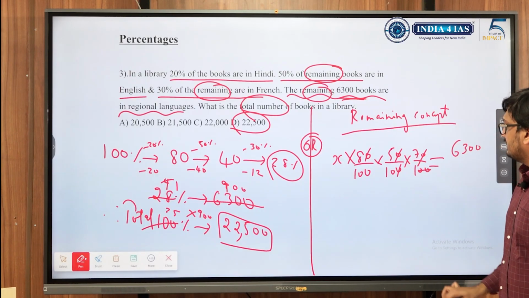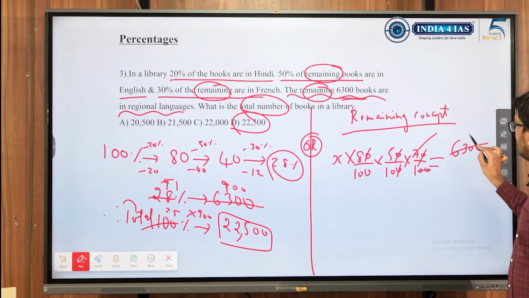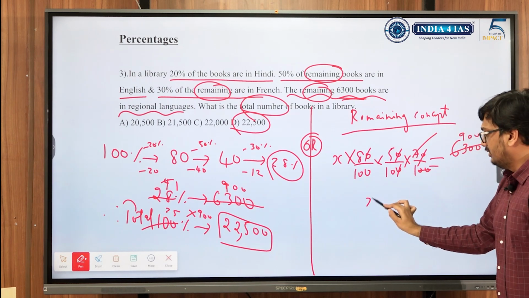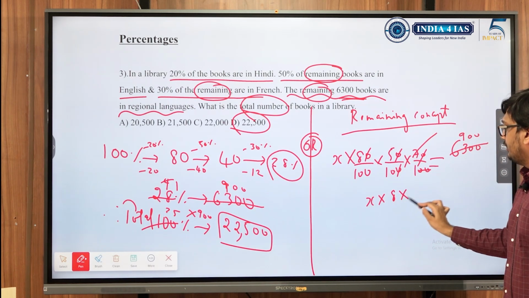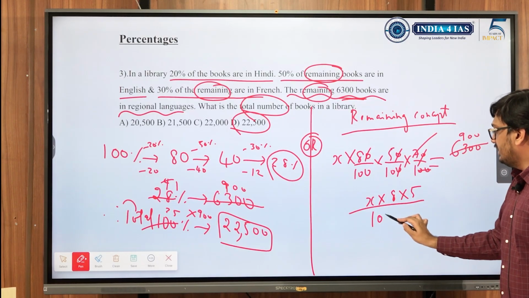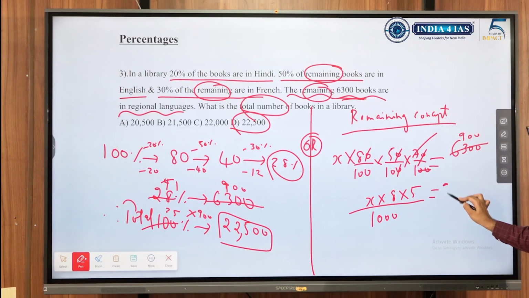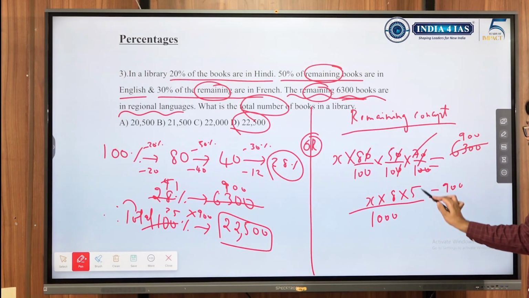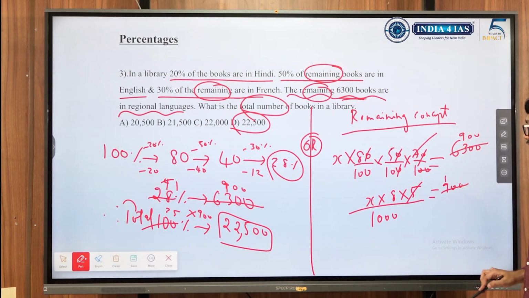In the denominator 30, you cancel it. And see, 7 9s are 63, 00. Then x into 8 into 5 divided by 1 followed by 3 zeros is equal to 900. Then 5 1s are 5, 5 8s are 40.